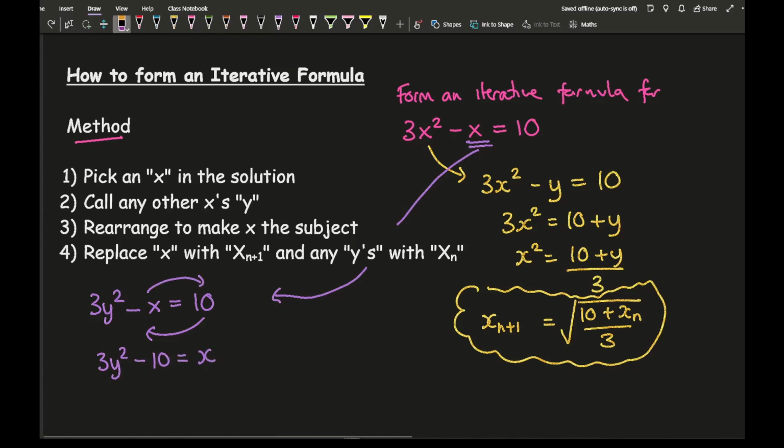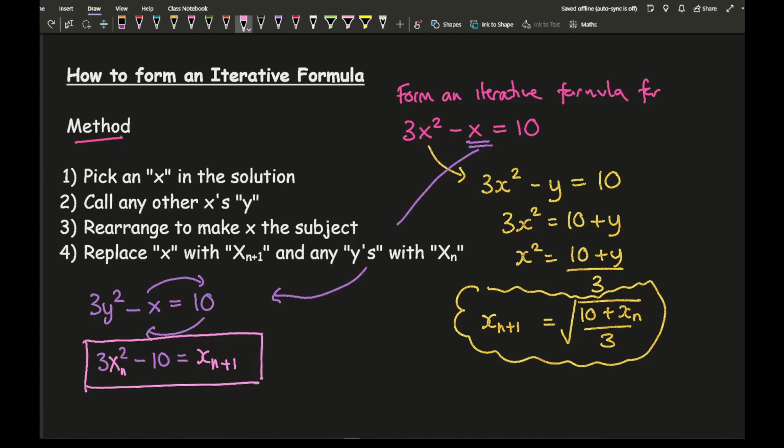And then from this, I replace the x with xn plus 1, and I replace the y with xn. Now you might think to yourself, well, how do I end up with two different iterative formulas for the same equation?